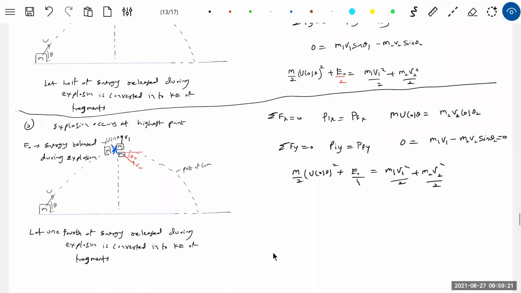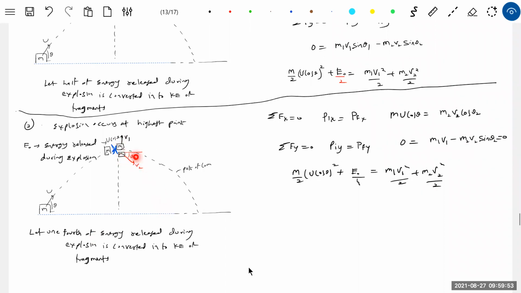So how do we predict this? If you know in what direction one of the fragments moves, we can predict in what direction the other fragment moves. Where it will land also we can predict.